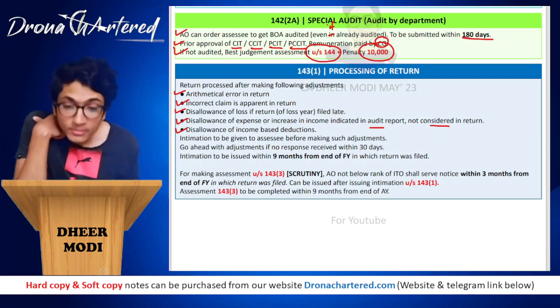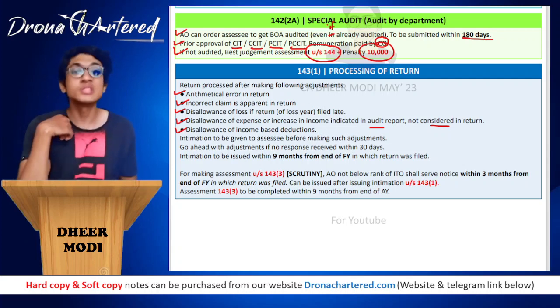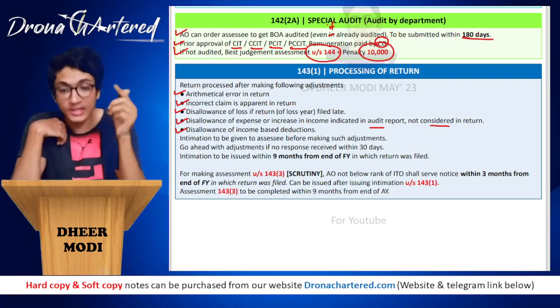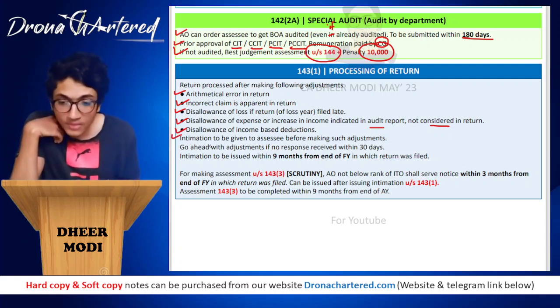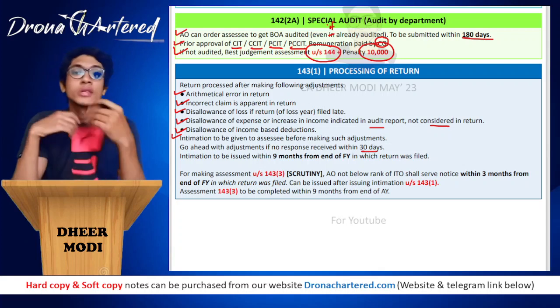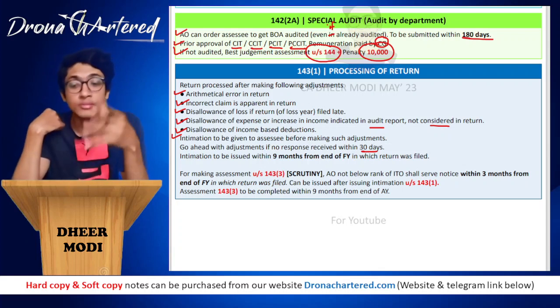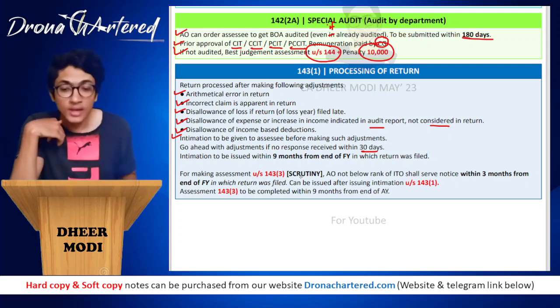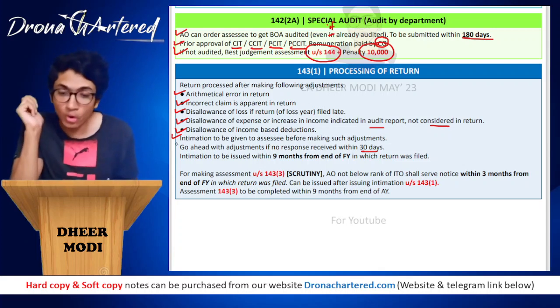It is an intimation to be given to the SSC before making such adjustments. So before the AO himself makes these adjustments in your return, an intimation is given to the SSC. Go ahead with the adjustments if no response is received within 30 days. If the SSC does not respond within 30 days, or say why he is not complying with those, then in such a case these adjustments will be automatically done.